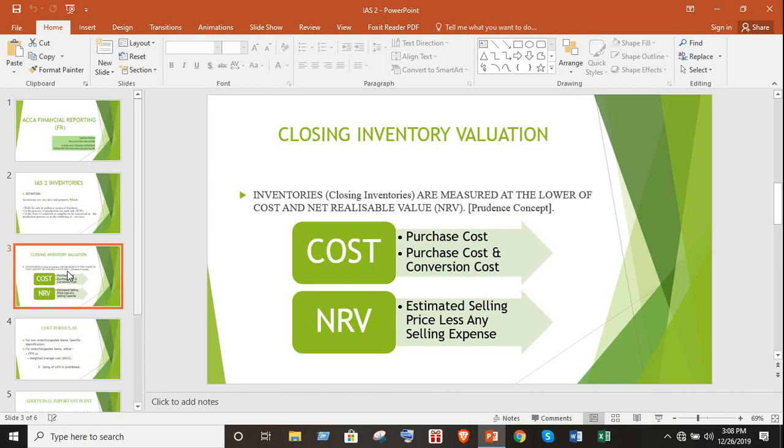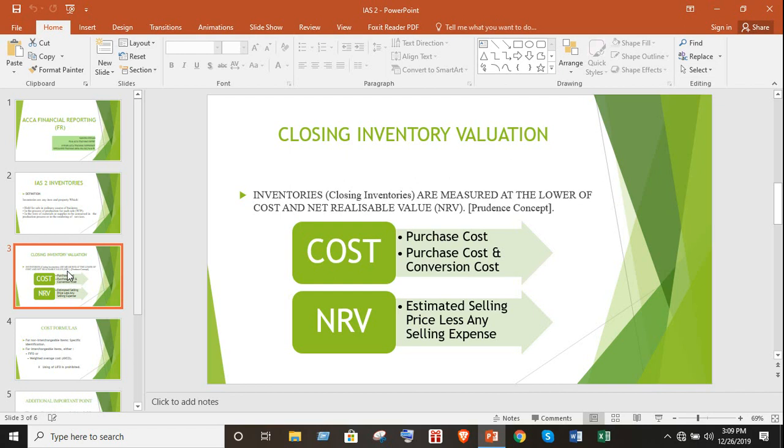But the reality is you need to identify an estimated selling price to calculate the net realizable value. And to sell the inventory, there might be a transportation cost or a commission that should be deducted to calculate NRV, because this is not just realizable value, this is net realizable value. I hope you understand how to calculate net realizable value.